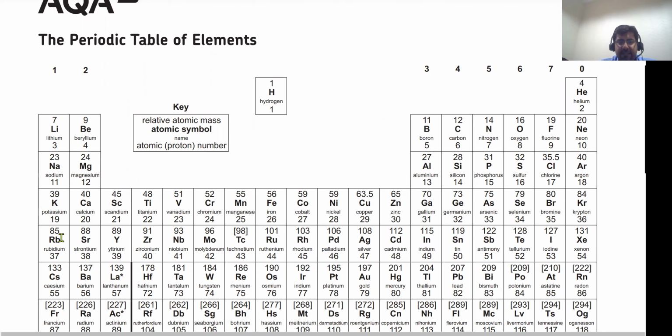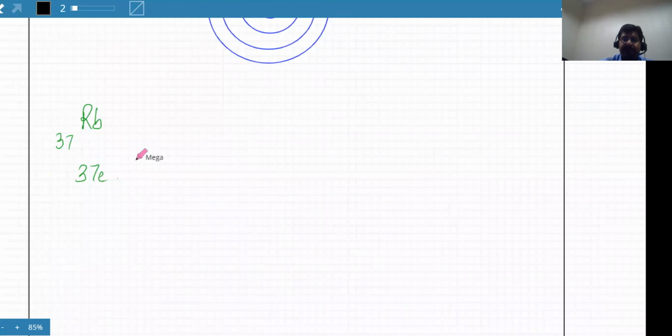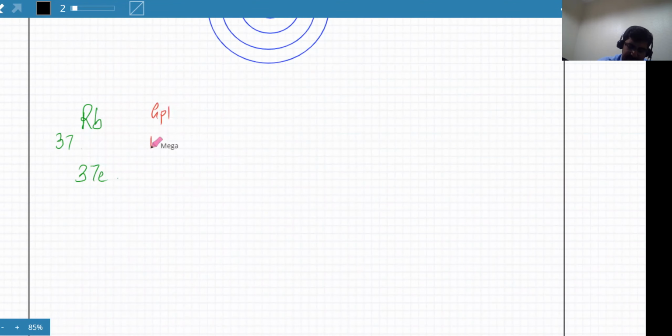The other information is which period it is in. Rubidium is in period number 5, because the first period, the short one, has 2 elements, then the second, third, fourth, and it's in the fifth period.